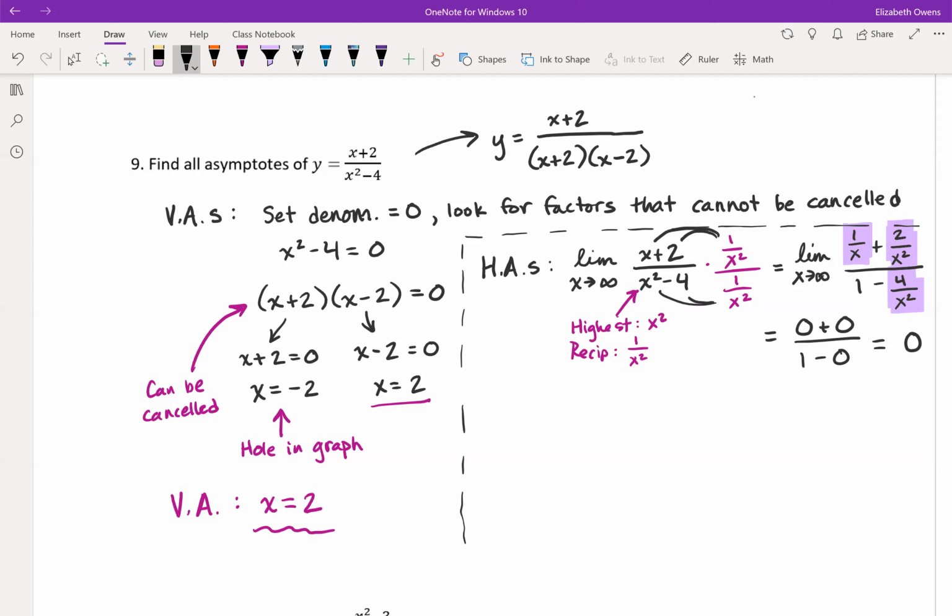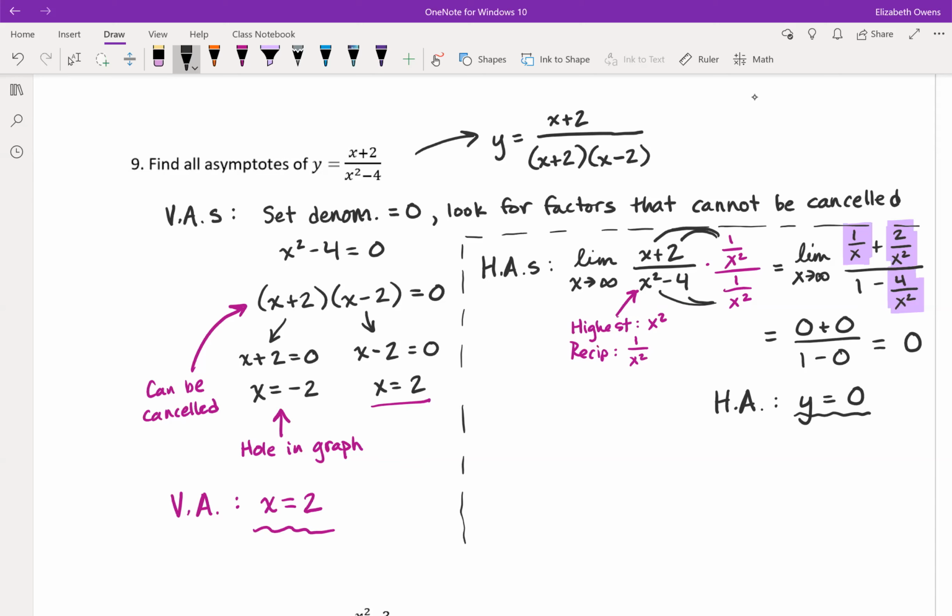Okay, so we do actually have a horizontal asymptote because our limit approached a constant. So there's our results. Horizontal asymptote is going to be y equals 0. Remember, it's a horizontal line, so we write it as y equals a constant.